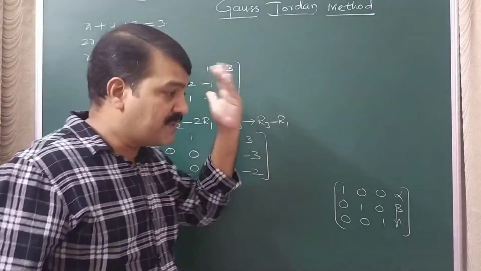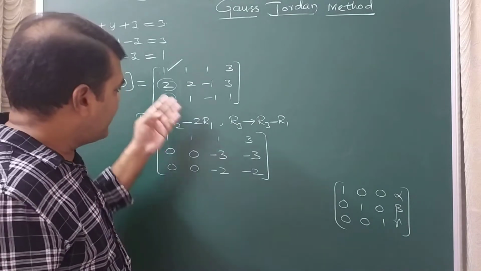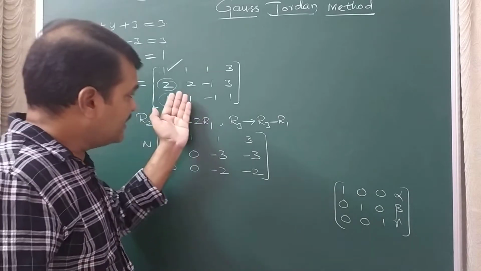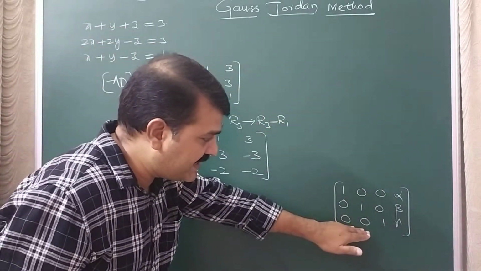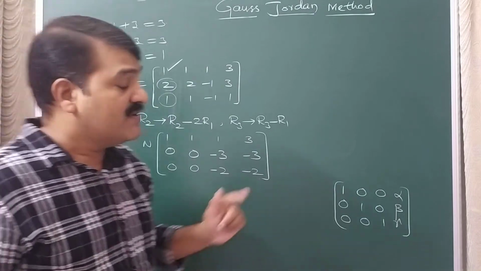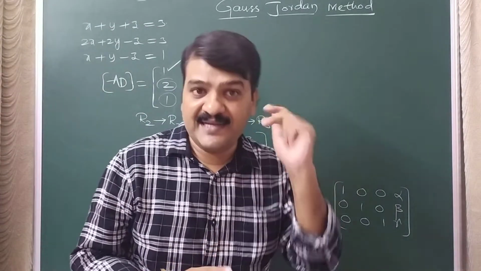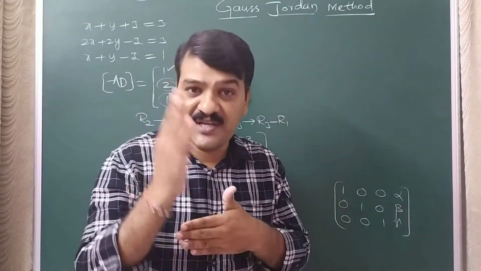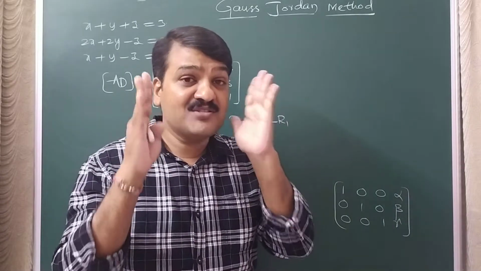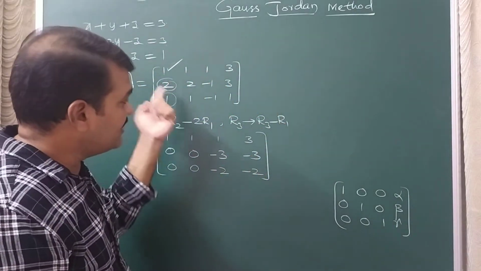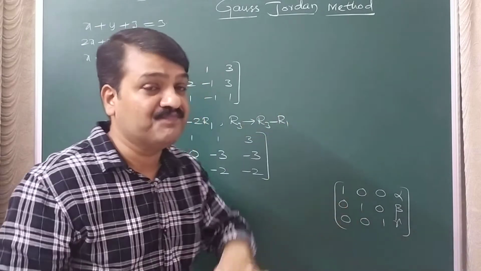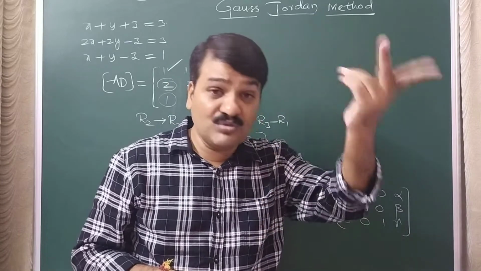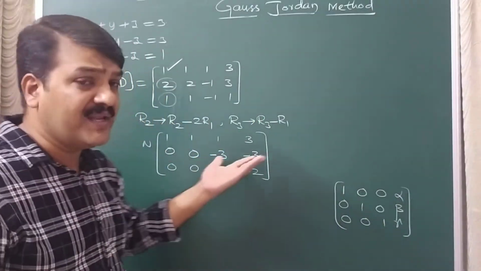Now what I told clearly in the previous video is that our aim is to convert the augmented matrix into this form. But in the process of transforming the augmented matrix into this form, when we get two rows identical, or if the elements of two rows are in the same ratio, you will get infinite solutions.